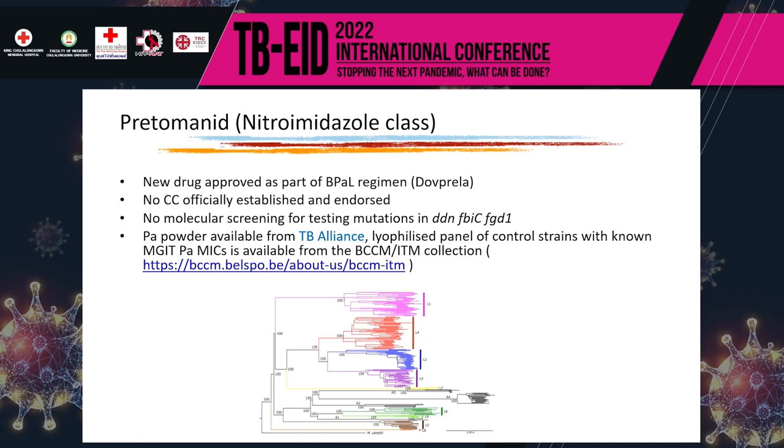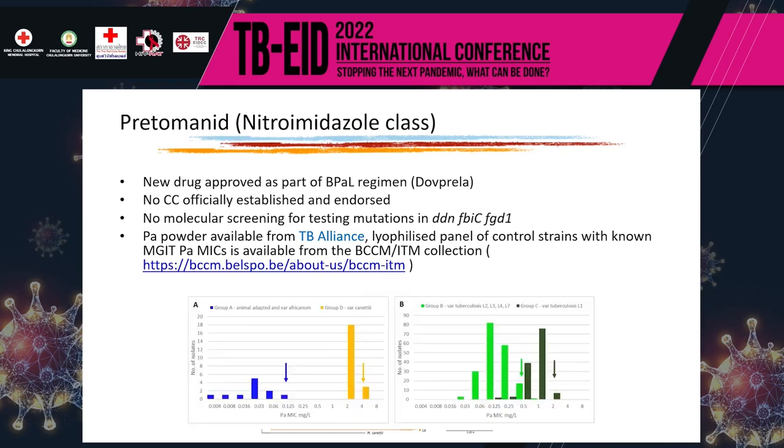the different lineages of MTB. You can see that MTB is not a clone, although there is not much genetic variation among the strains, but it could be well divided into different lineages that are represented differently in the different geographic areas. So looking at the distribution of the MIC with pretomanid, what was observed is the fact that while the group A and the animal adapted and M. africanum strains have a very low MIC for pretomanid, the Canetti has a much higher MIC.